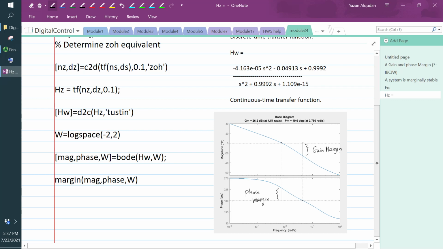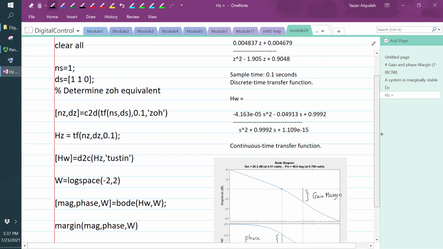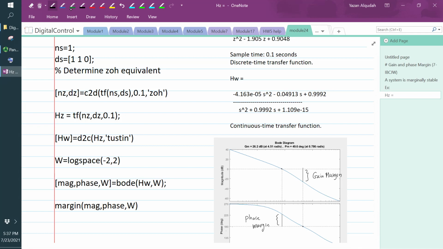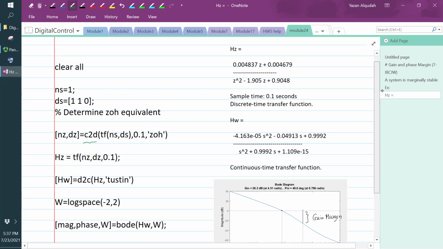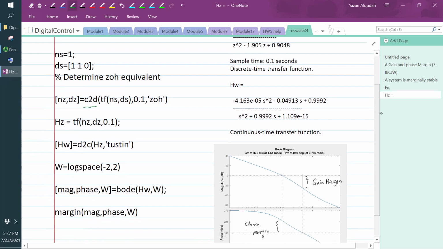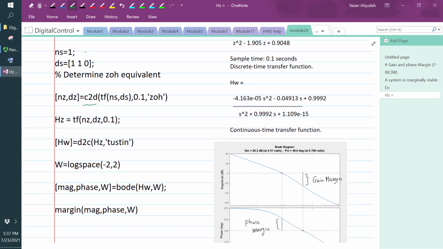To do that in MATLAB, I have the commands here. We're going to get the discrete time representation of the continuous time system. This is the continuous time system, with NS the numerator and DS the denominator.